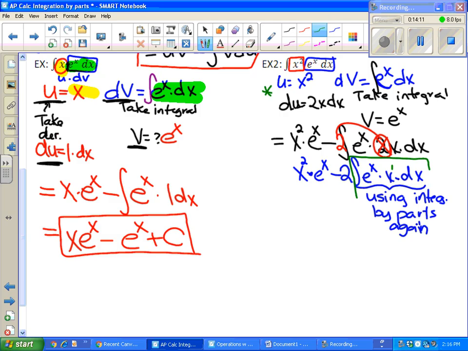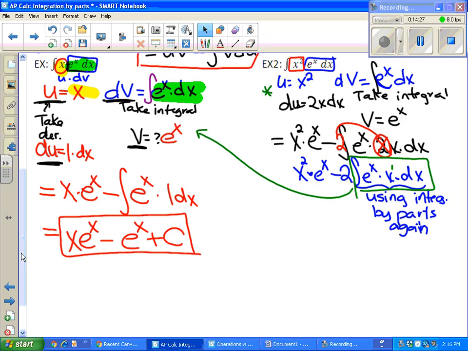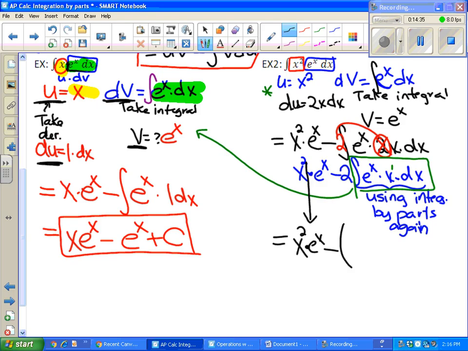However, does anybody recognize this as something we just did back over in example 1? So, for the sake of being a little bit efficient, I'm remembering I've already done that once. So instead of doing it twice in the same problem, I'm just going to say, I have to remember to bring this down. It's x squared e to the x minus, and what was the answer?